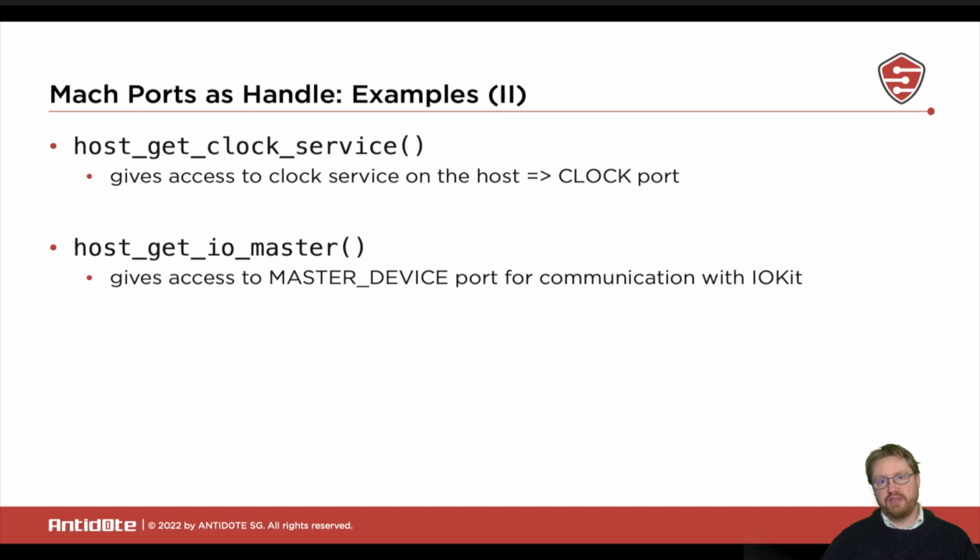And this is basically one of the important ports if you want to play around with the IOKit API, because a lot of the IOKit API does not need an IOKit object to deal with, but it needs a master device port to be able to talk to IOKit. A lot of other IOKit functions, they will just take an IOKit object, a kernel object of type IOKit something. But in this case, sometimes they need the master device port.